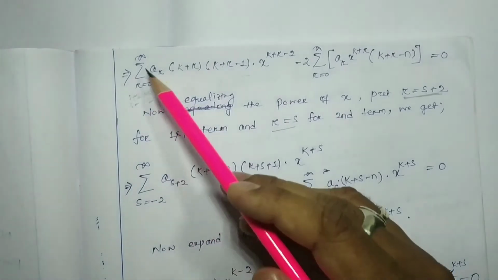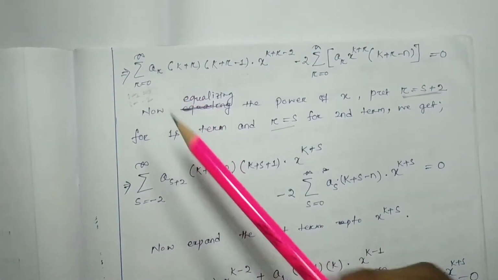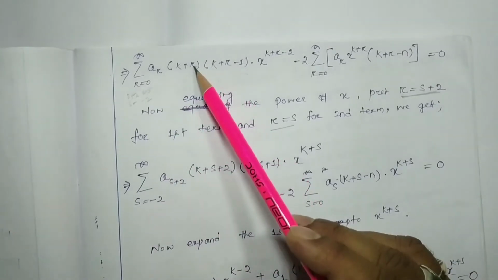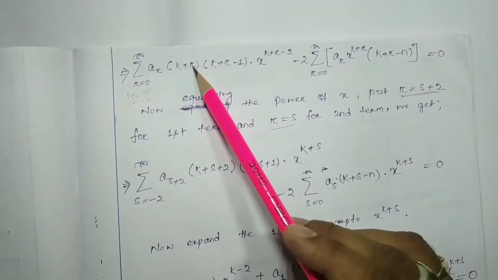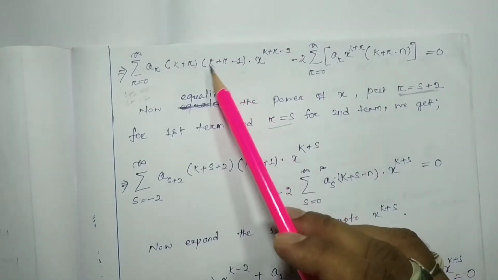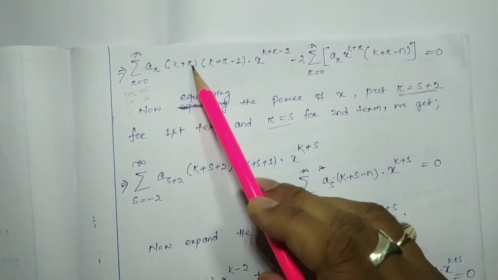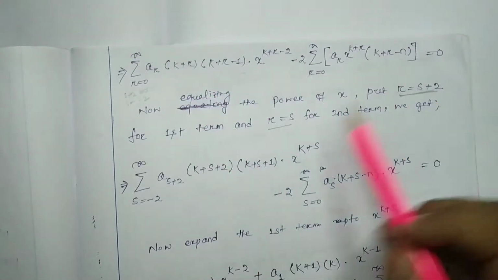So it will be summation over s equal to minus 2 to infinity. Instead of r we have to put s plus 2.